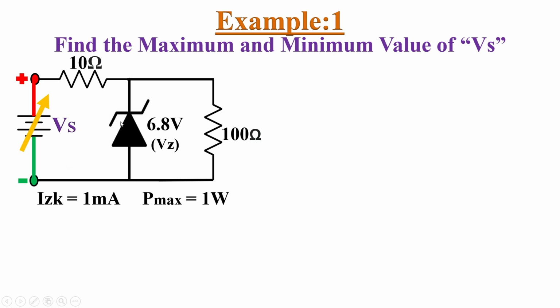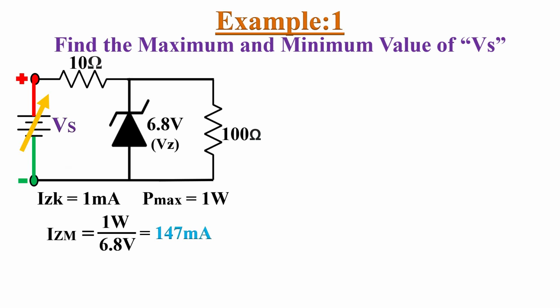This particular 6.8 volt Zener diode requires a minimum Zener current Izk of 1 milliampere to put the Zener diode in regulation mode, and it has a maximum power rating of 1 watt. First we will find the maximum Zener current Izm, which equals the power of 1 watt divided by the Zener voltage rating of 6.8 volts.